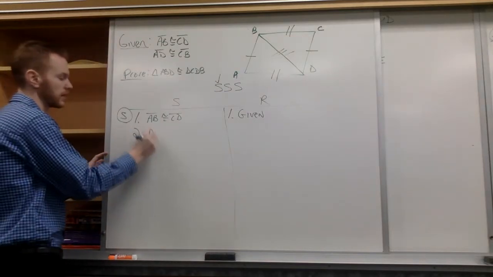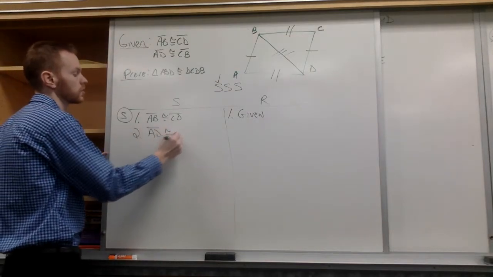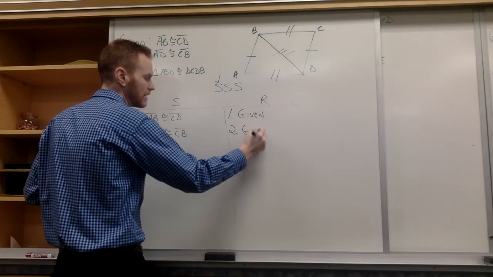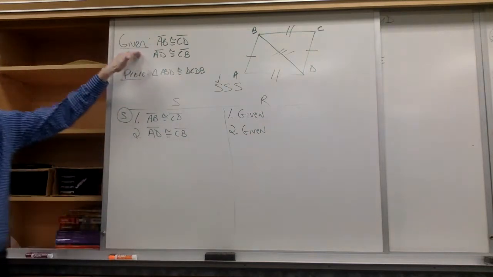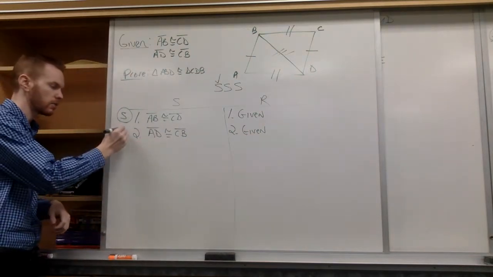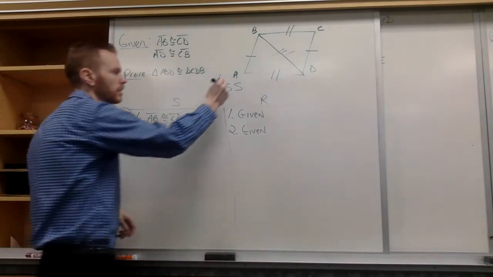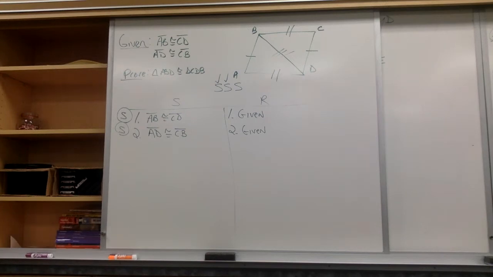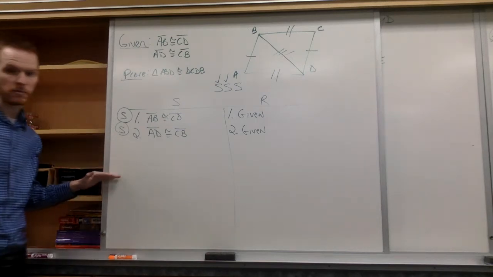Second, I'm going to list that AD is congruent to CB. And once again, that is a given that's in this section here. And since I have another set of sides that are marked congruent, I'm going to put an S and circle it, and I'm going to check it off up here. That way I know what's left for me to say.